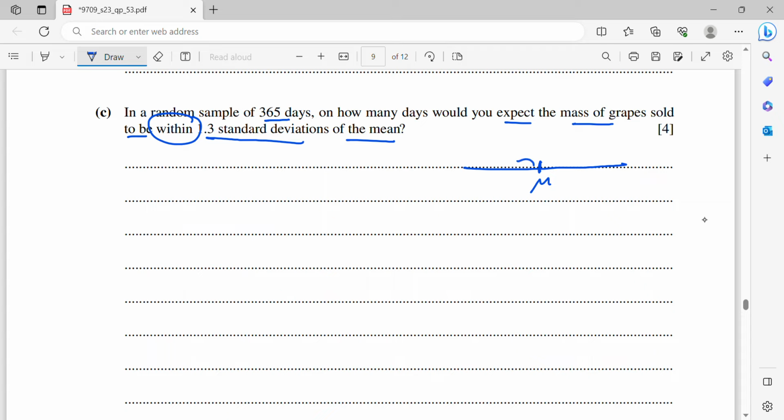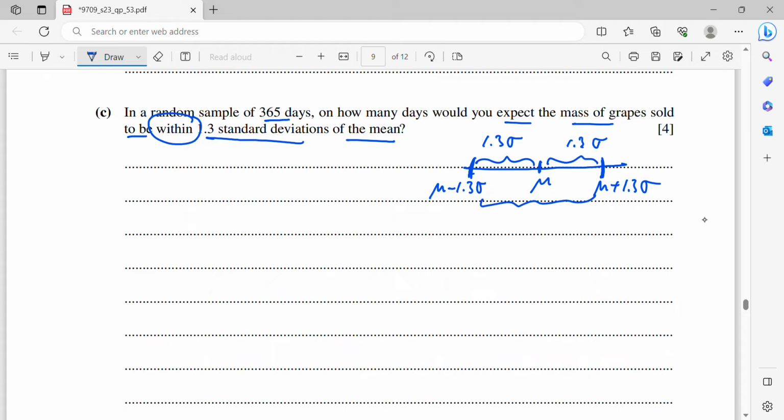So now you have to consider both. This is 1.3 standard deviation. Here is 1.3 standard deviation, which means these two values are going to be mu minus 1.3 sigma and mu plus 1.3 sigma. And now you need to count what is the probability for this whole interval.